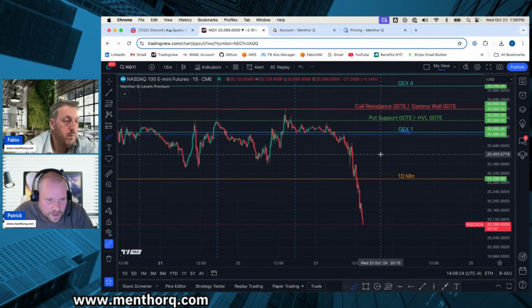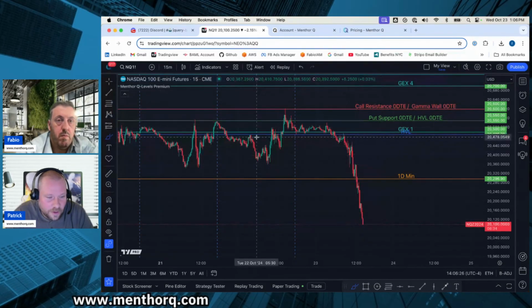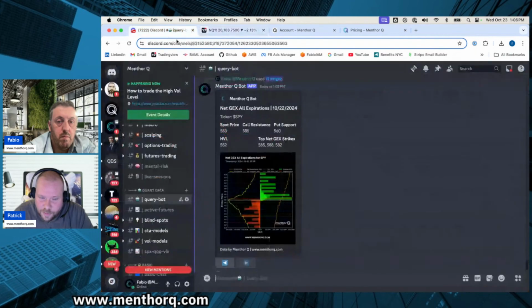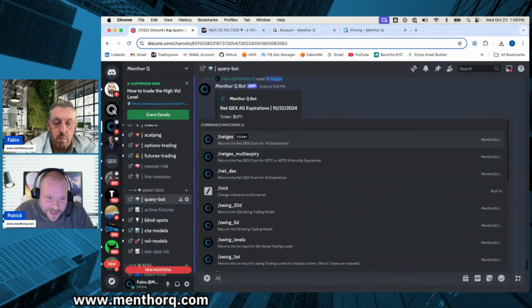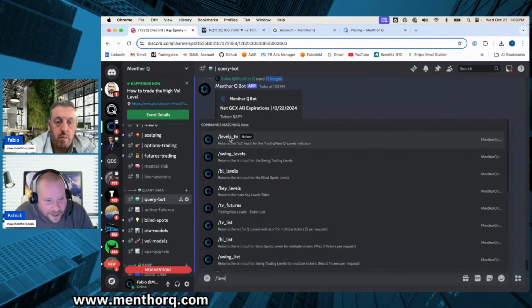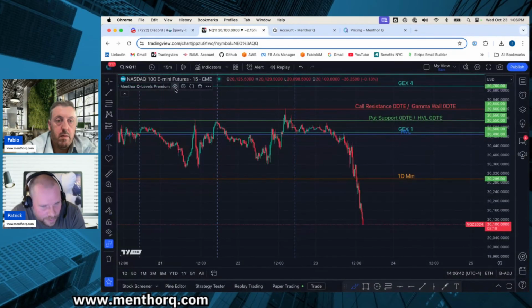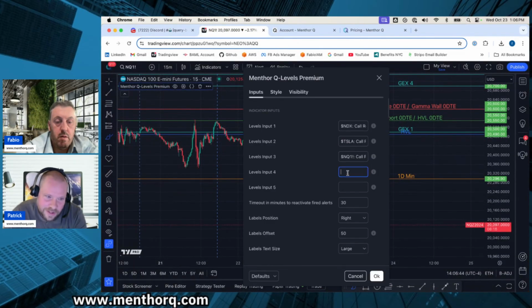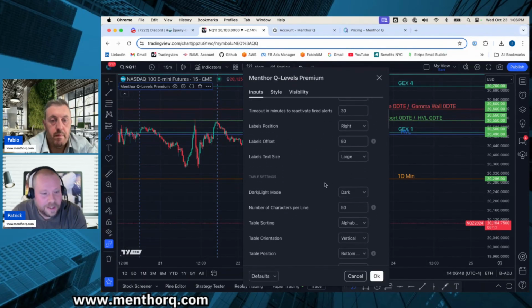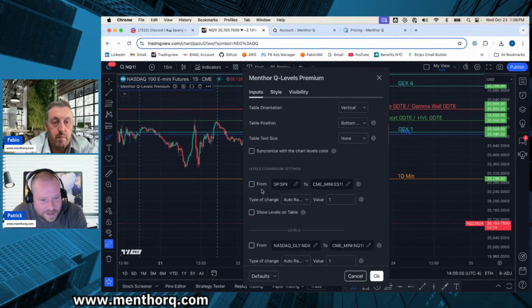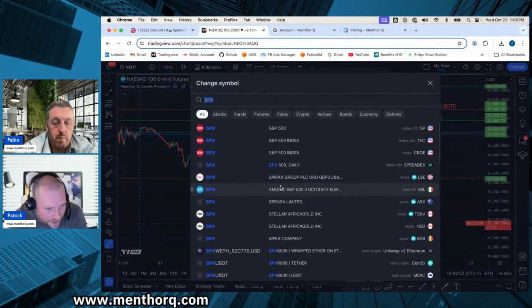If NVIDIA is on the high vol level or high vol ZUDTE level, and NVIDIA has the potential to move the NQ and the Nasdaq, as everyone knows, then I know exactly that I have to focus on NVIDIA. And if NVIDIA breaks this with strong momentum, I know exactly that the Nasdaq is good for 100 points. Basically, then I plan my trade on the Nasdaq based on the NVIDIA high vol level.